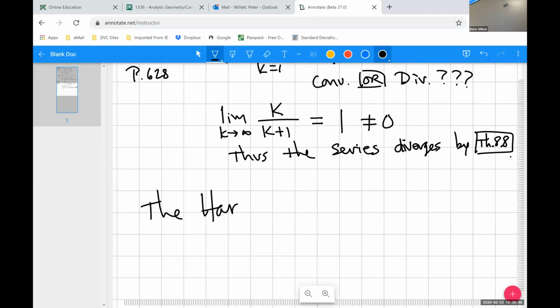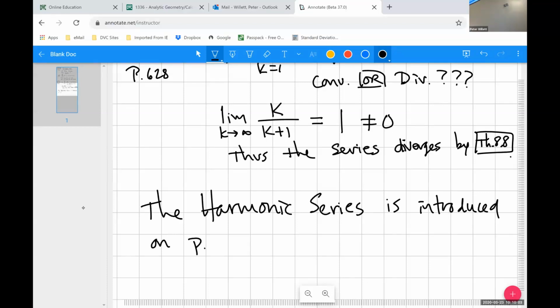But let me just point out that the harmonic series, because this is a very important series, is introduced on page 628. And they actually spend more than a page discussing it, going through partial sums, and they look at it graphically and numerically and stuff like that.